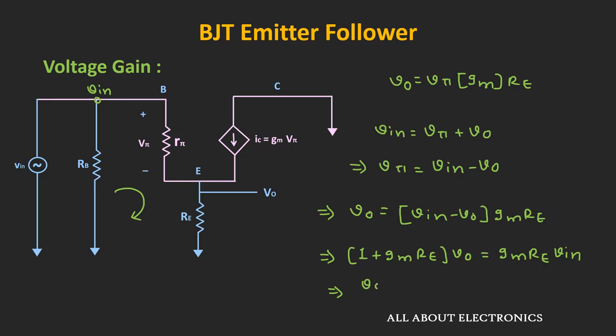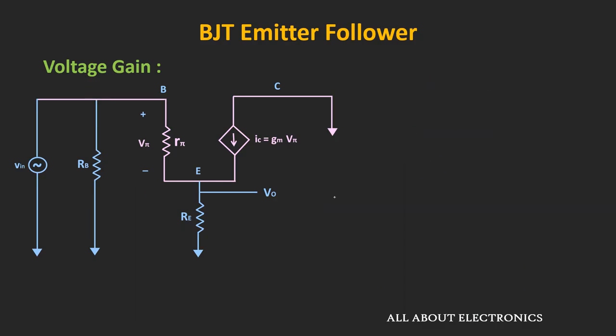That means voltage V out divided by V in, or the voltage gain, is equal to GM times RE divided by 1 plus GM times RE. And if we divide the entire expression by the term GM, then we can write the voltage gain as V out divided by V in is equal to RE divided by (1 over GM plus RE).